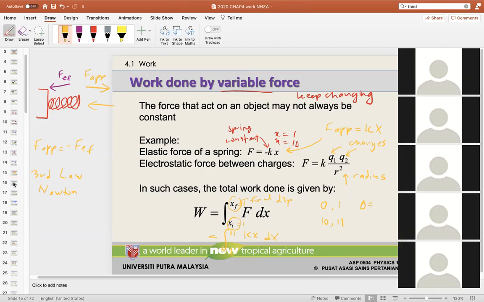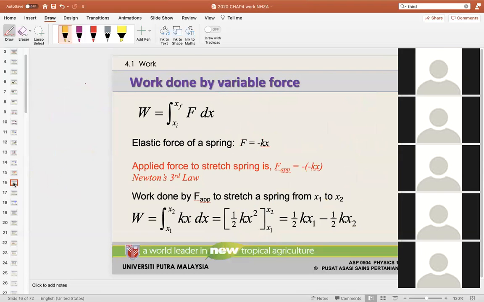Okay. So integrating this gives me kx squared over 2, and I need to plug in x1 and x2 into this equation. I don't know how to tell you maths. Not sure what the terms are, but this is your final equation.